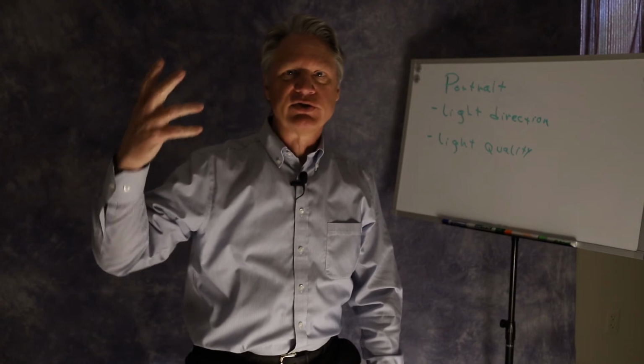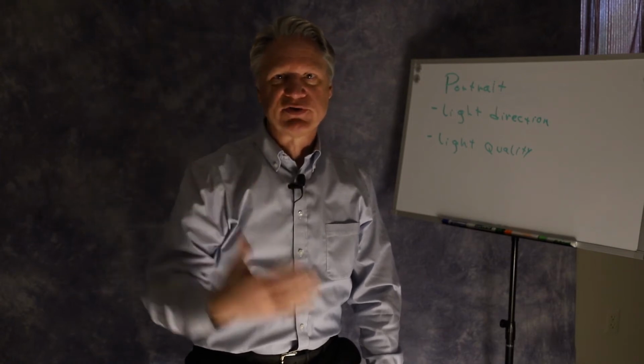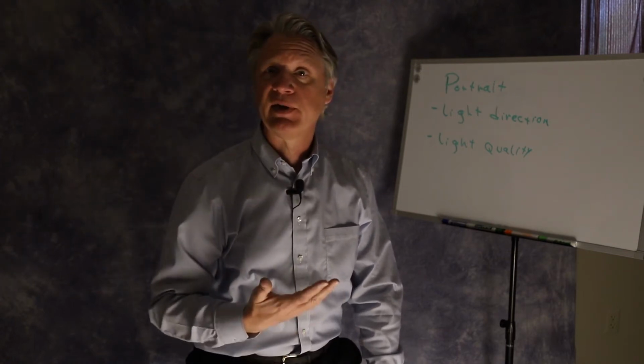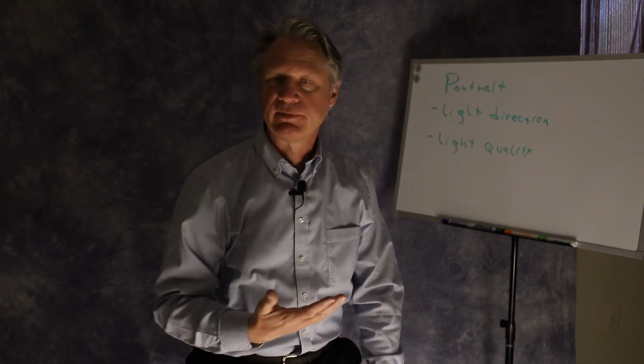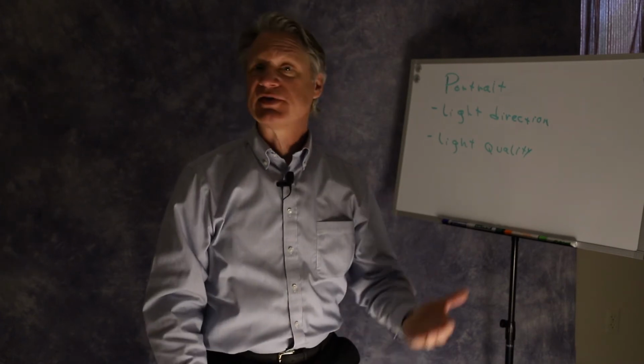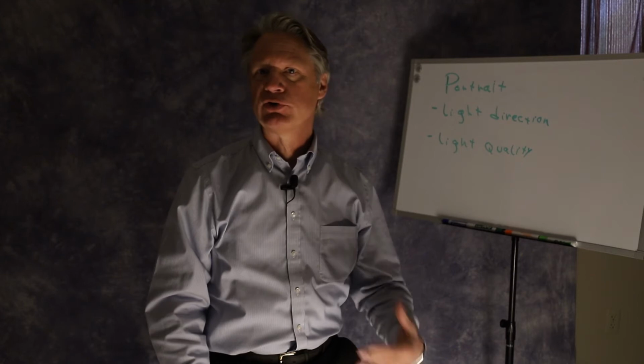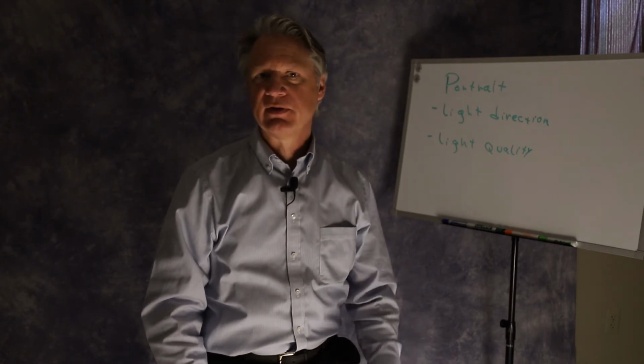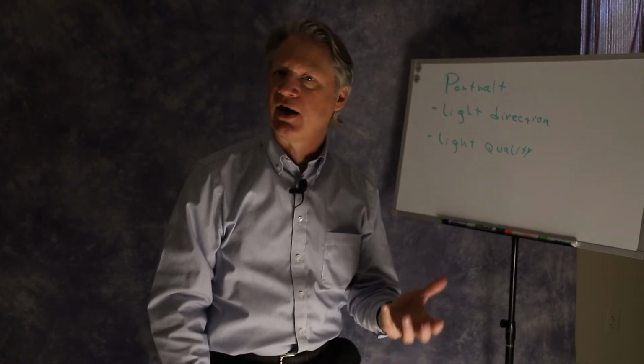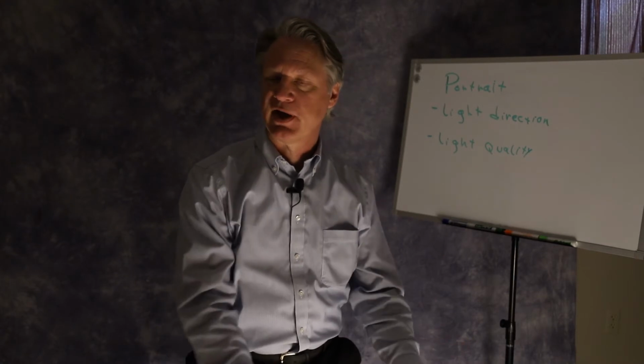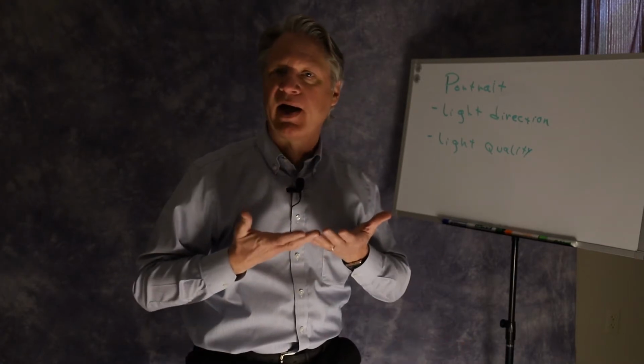So we're very much used to seeing light come from above. So this is kind of odd to see it coming from underneath. When we look at what mood that creates, this creates something odd or interesting or different because we're not used to seeing light come from the bottom, right?